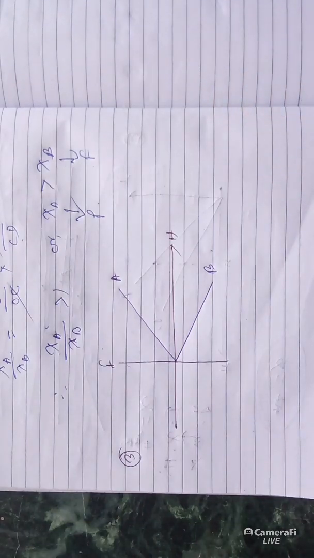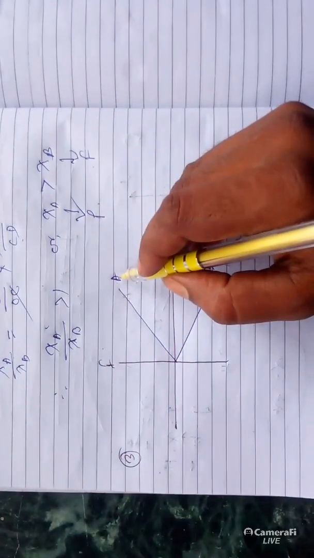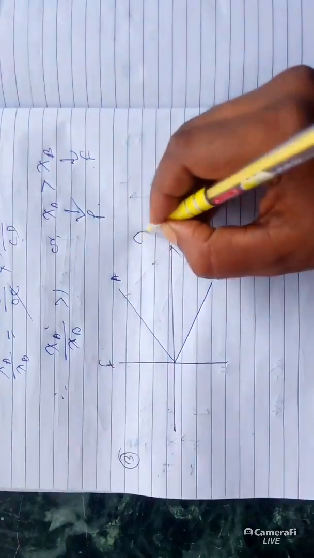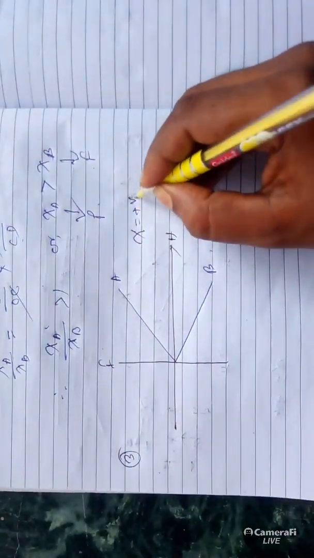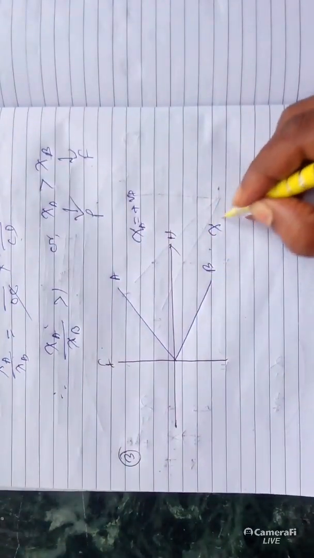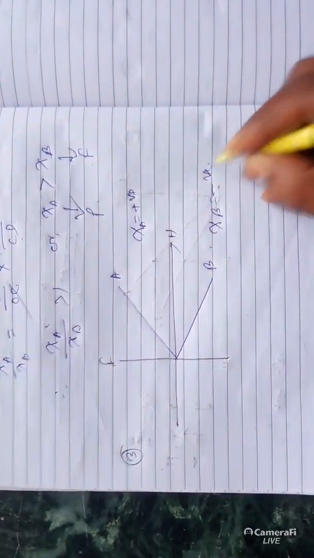So you have to identify these magnetic materials A and B. For the magnetic material A, is the susceptibility chi positive or negative? For A, chi is positive. But for B, chi is negative.